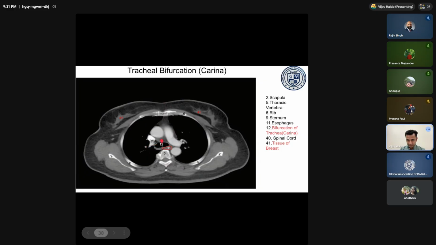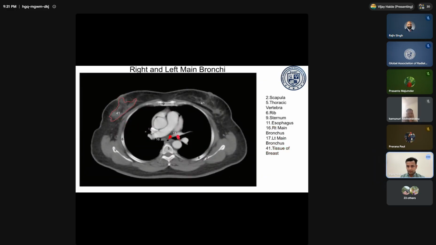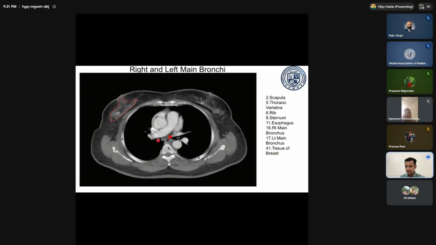This is the part of the carina, so the breast tissue will start appearing here. These two are the bronchi. This is the left bronchus and the right bronchus, because in the previous slice the carina bifurcated into left and right bronchus. This number 11 shows the esophagus opening.